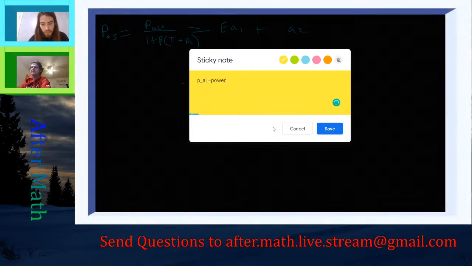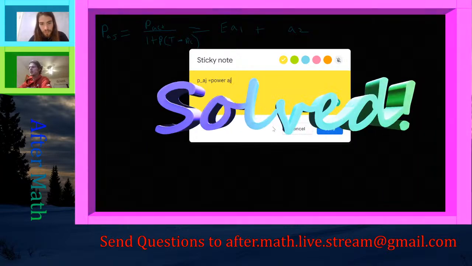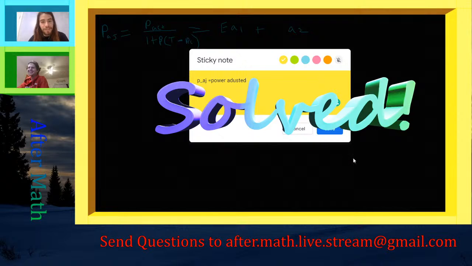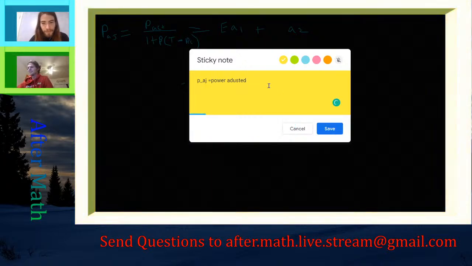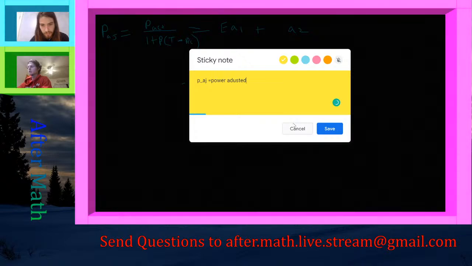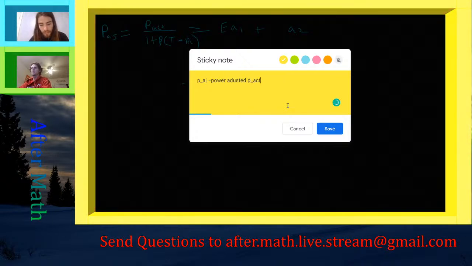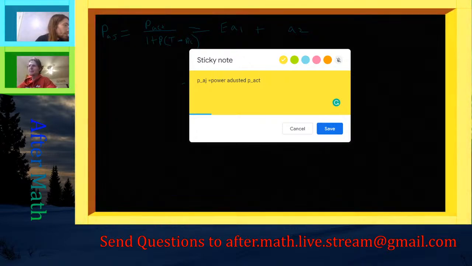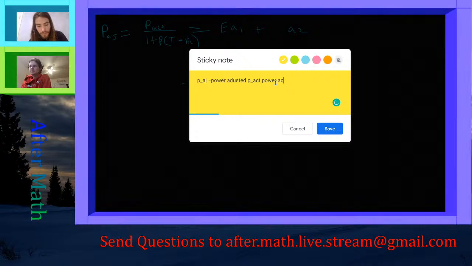P adjust is power adjusted. P act is power actual.